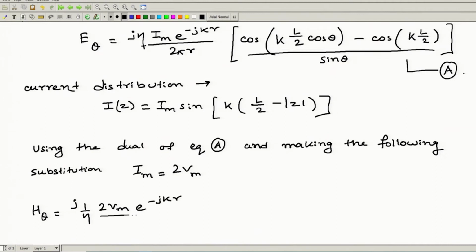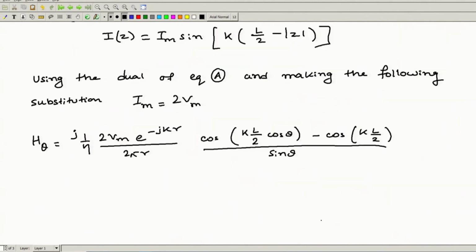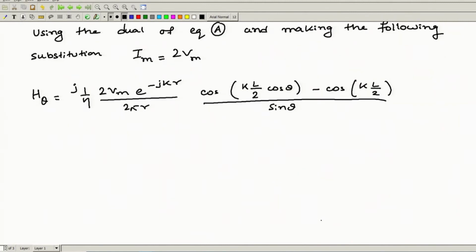e to the power minus j k r upon 2 pi r, cos of k l by 2 cos theta minus cos of k l by 2, upon sin theta. Thus this 2 will cancel out.